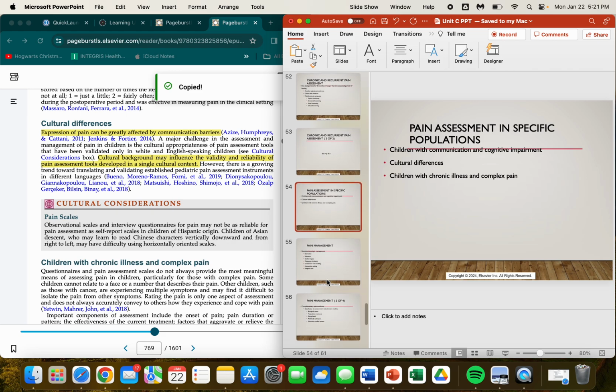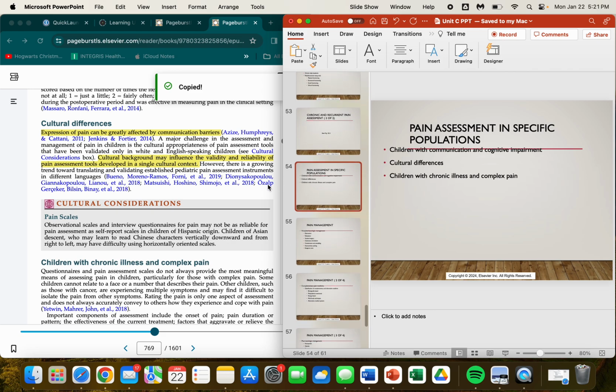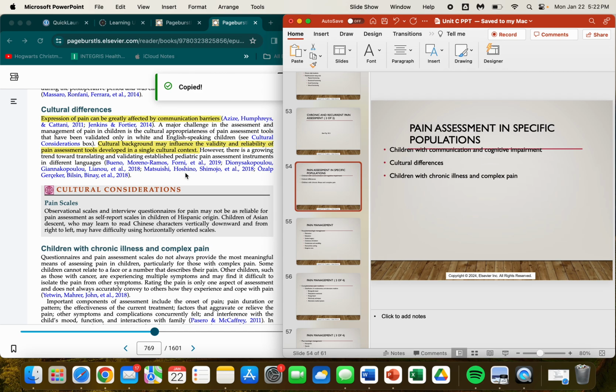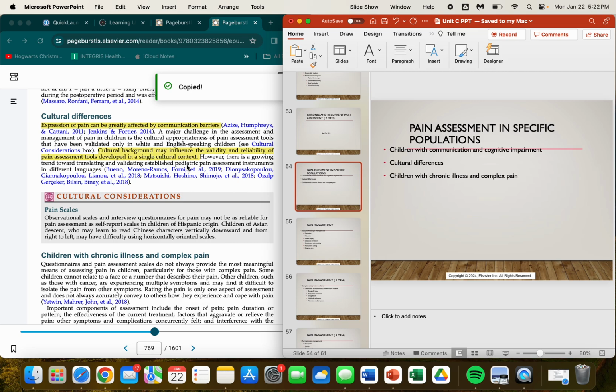So we want to take that into account and note that a lot of these pain assessment tools have only been validated in white and English speaking children. There are some things we would want to note, like the effectiveness of the tools, and we would obviously want to use a valid interpreter if we needed one for some other cultural context.